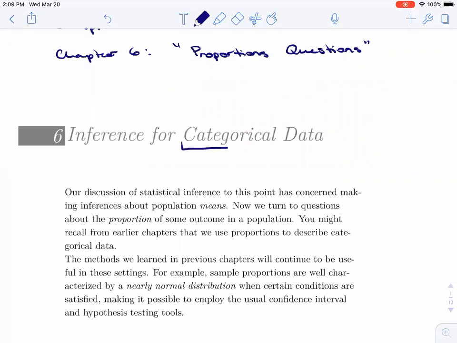Because categorical data, thinking way back to chapter 1, we've just got counts in each category. And we've looked at how to deal with that in the lab: we just make a table of these counts, and then we can make bar charts of the heights of these counts.